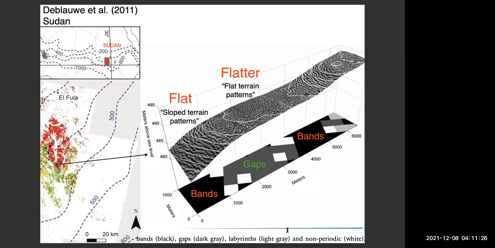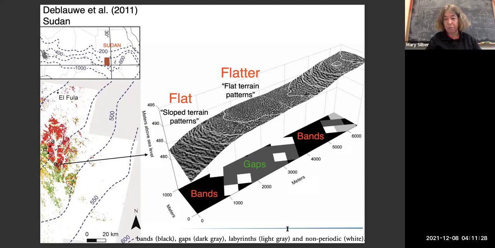And I put in a little triangle here. I hope you can see that this little triangle has that 0.5% grade. So I would say that these patterns are appearing in flat regions, and it's just that some of it's even flatter and gives you these patterns. So I'm going to be focusing on these sloped terrain patterns.